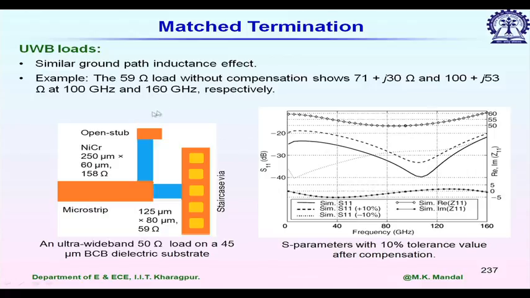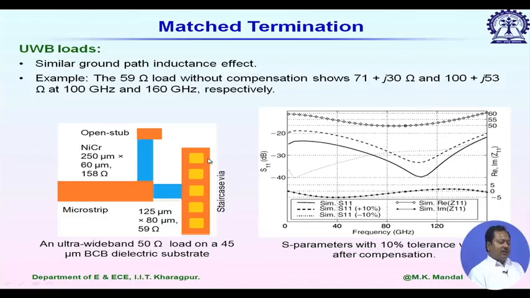So, in this particular example, they used another shunt arm. How did they realize it? One single 50 ohm is realized by using two shunt resistors, nickel chromium thin film resistors.